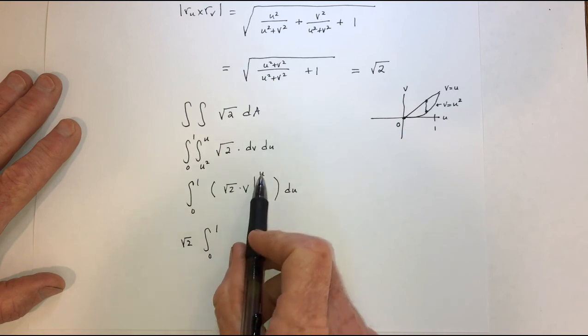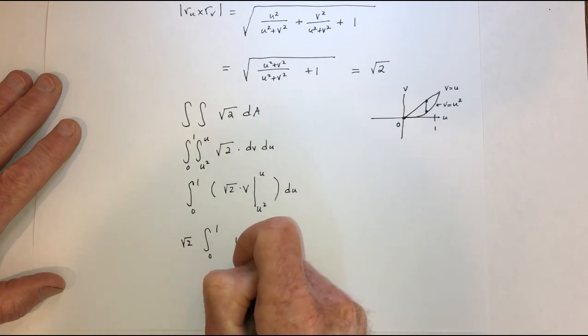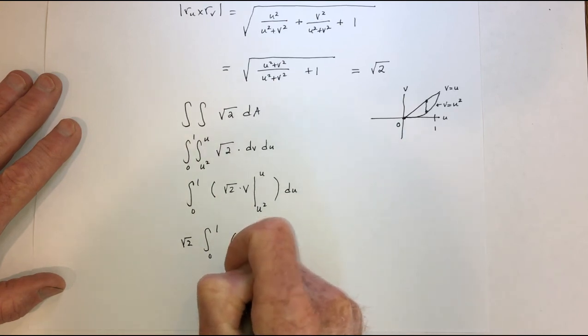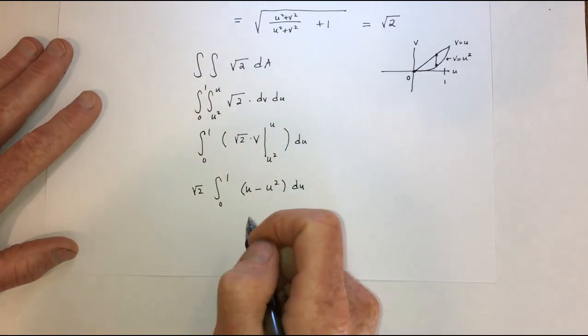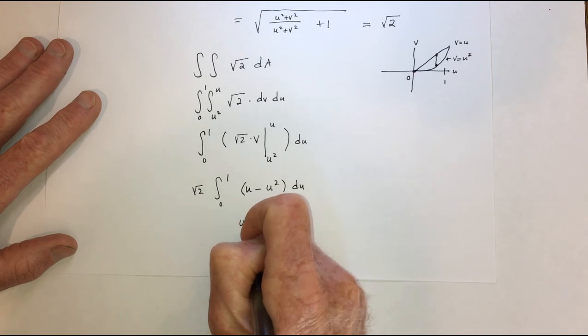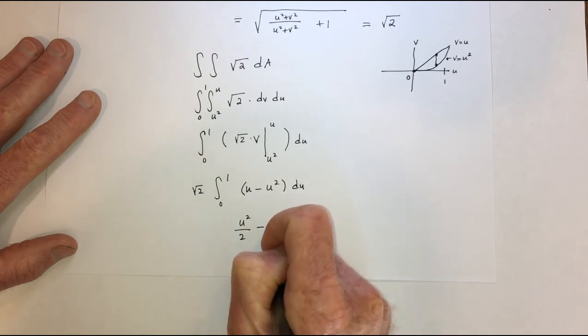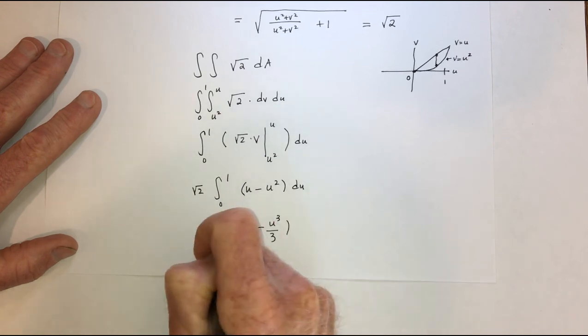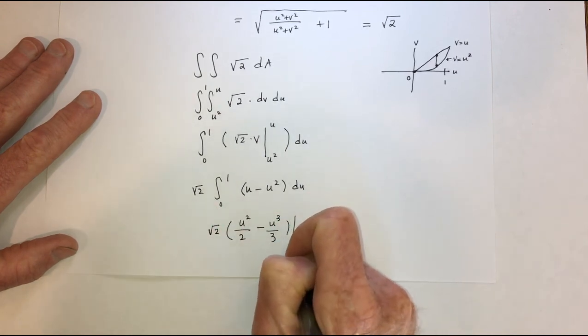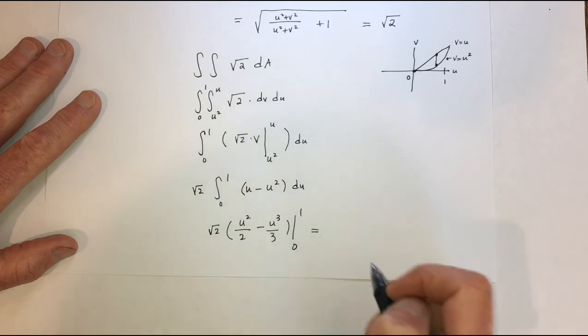And then it's going to be the top one first, so it's going to be u minus u squared. And then do the antiderivative, so this is u squared over 2 minus u cubed over 3. Don't forget the radical 2, and evaluate that from 0 to 1.